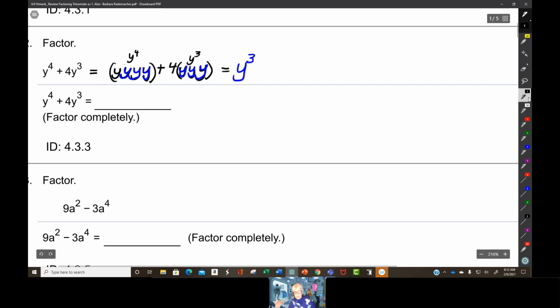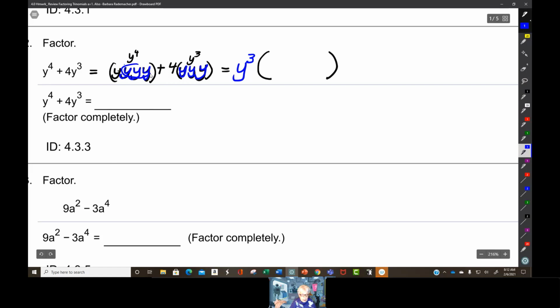Now, I write the leftovers. There's 1 y left here. Shouldn't circle it because I circled the ones I was taking out before, so I really need to be consistent.